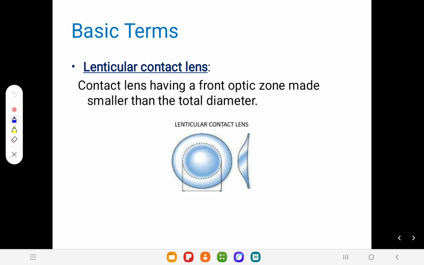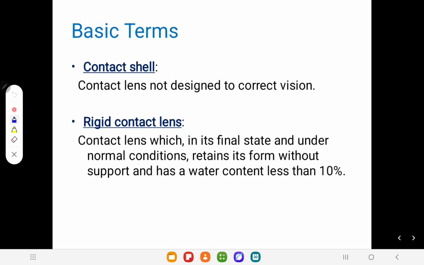Its optical zone is almost half of the area, though not exactly.